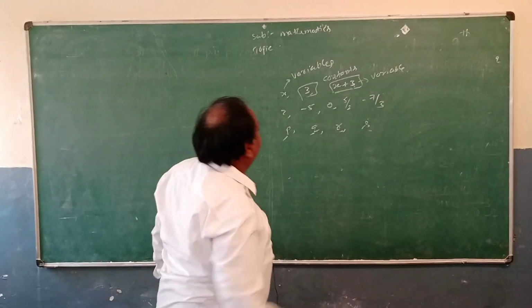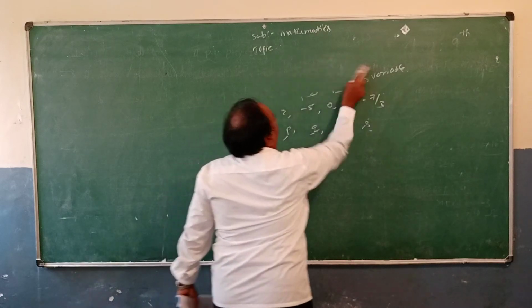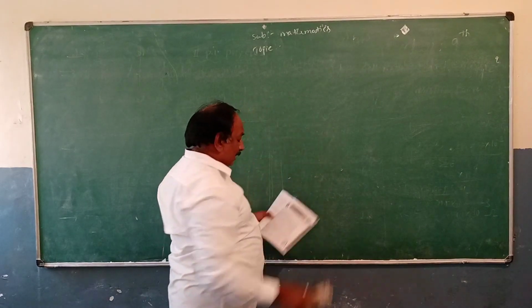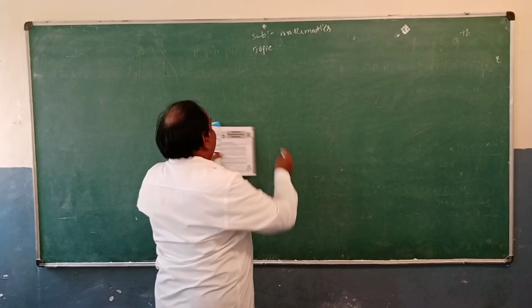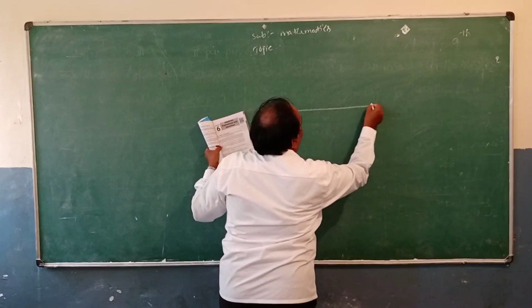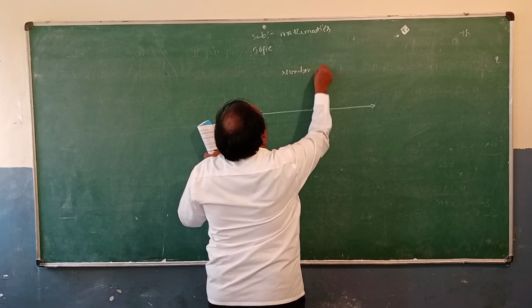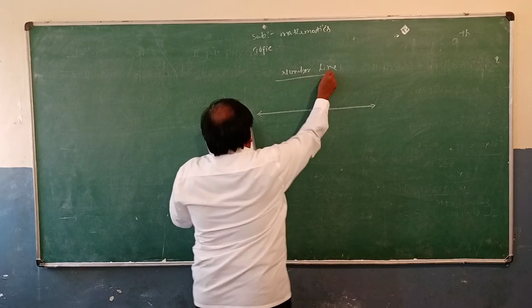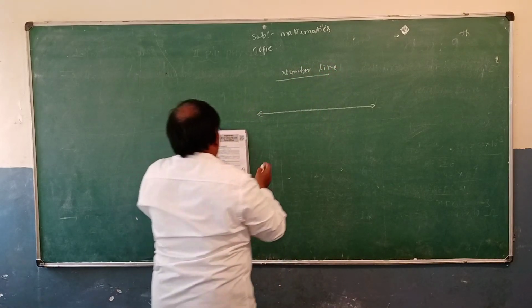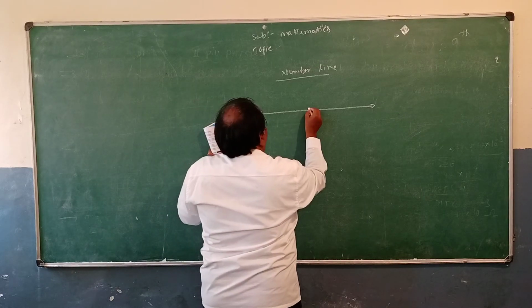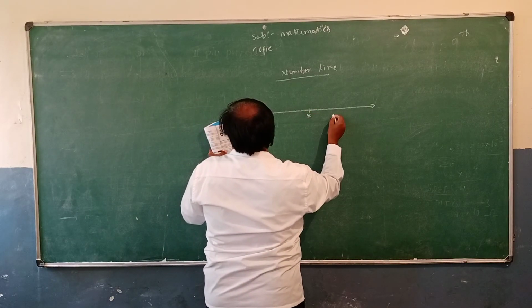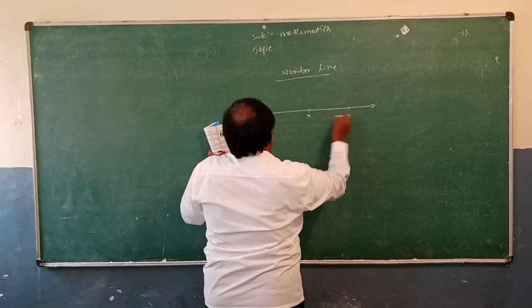Now let us consider variable and constant. Let us consider a number line. When we consider a number line, this is 0, this is x, this is p.